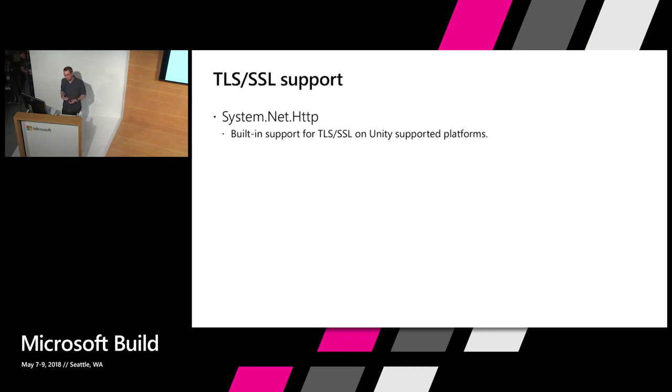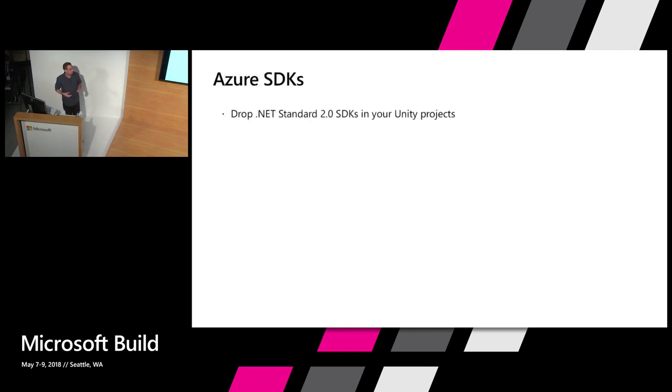And it's finally coming into Unity, meaning that in the end, you'll be able to take any .NET Standard 2.0 compliant libraries, even when talking over HTTP, and run them inside Unity. Obviously, something that we're very excited about is the possibility down the line of running the Azure SDKs and giving you the full power of Azure to write your Unity game. And I think Brian and I, in a few weeks, will expand a lot more on this subject.